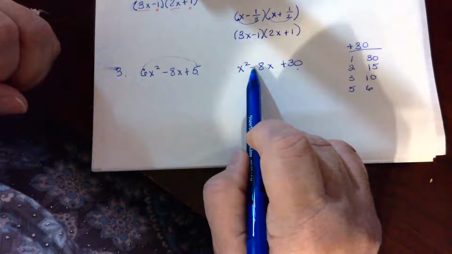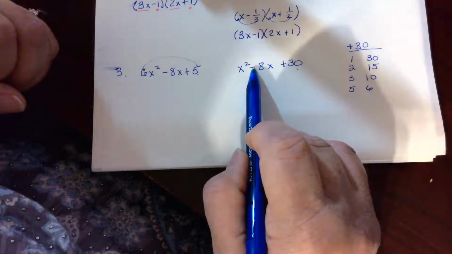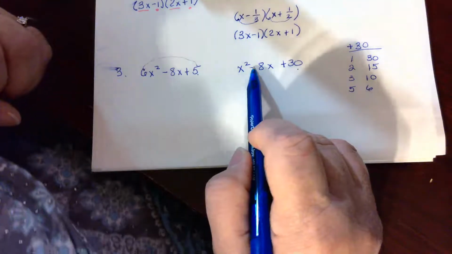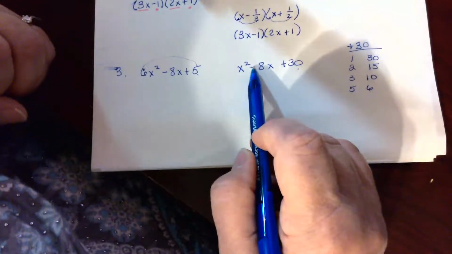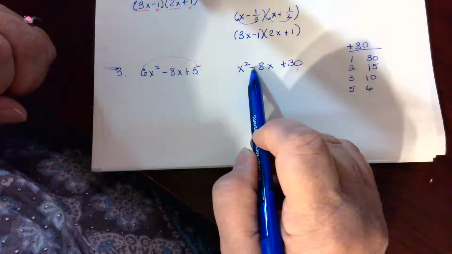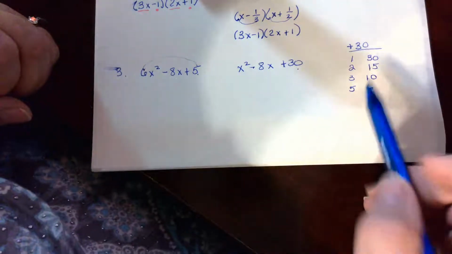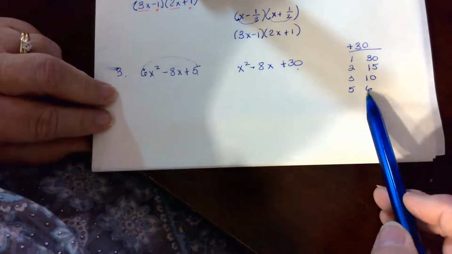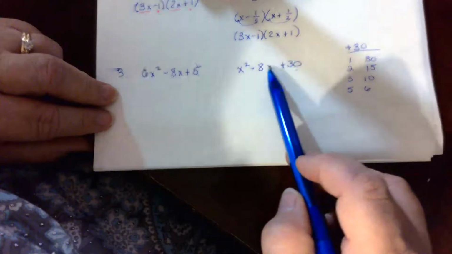So I need a combination that can give me an 8. And I observe that there's not one. There's no way you can have signs alike and come up with an 8.